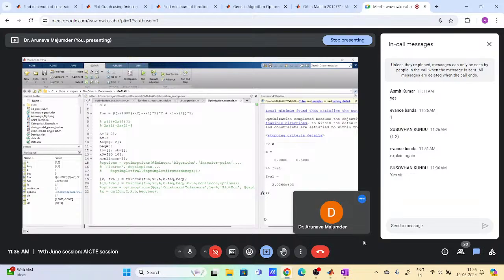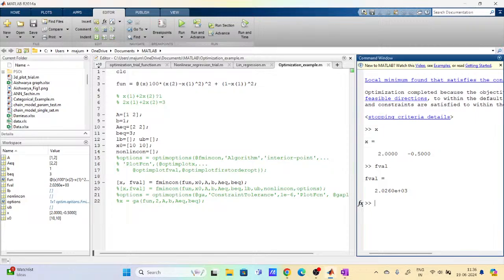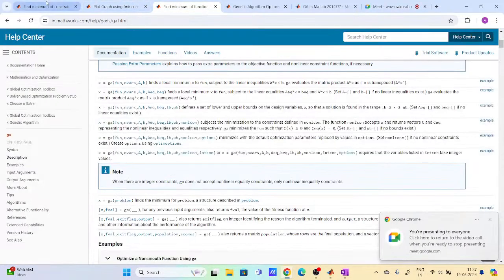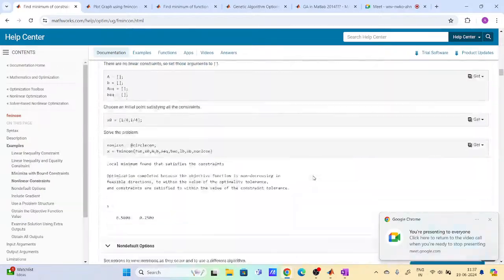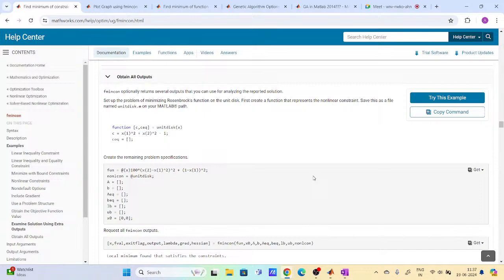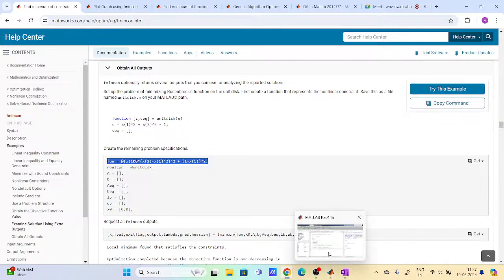Okay, now let us explain some examples with nonlinear constraints. Okay, the function is this one.